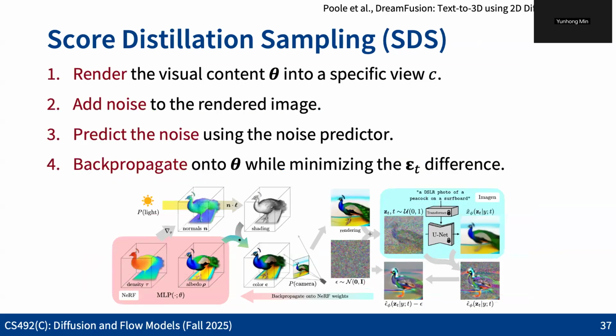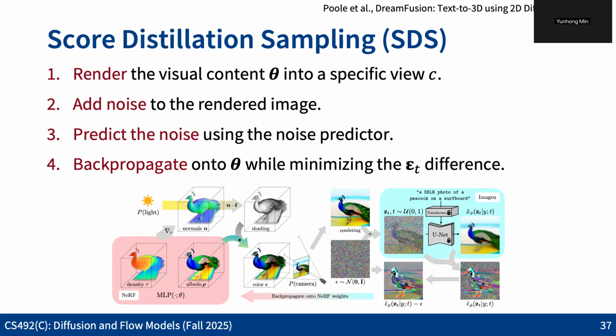Again, there are basically four steps. We render the visual content, perform the forward process, predict the noise using the noise predictor, and backpropagate to minimize the difference of the noise.